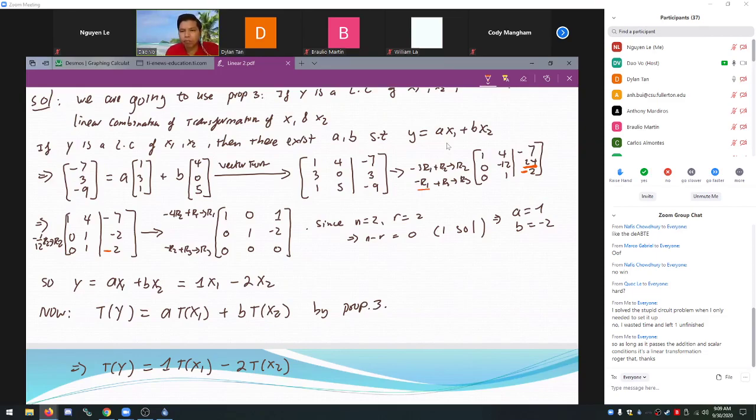So negative row 1 plus row 3 gives us a new row 3. So negative 1 times -7 is +7 plus -9 will give us -2. Yeah. So that's where I made a mistake right there. Okay. All right. So now everything should be good. All right. Thanks for catching that, Dylan.